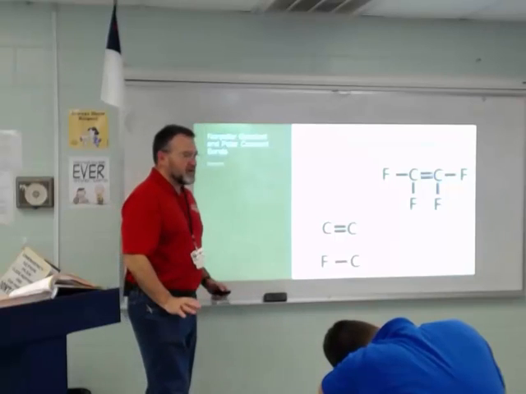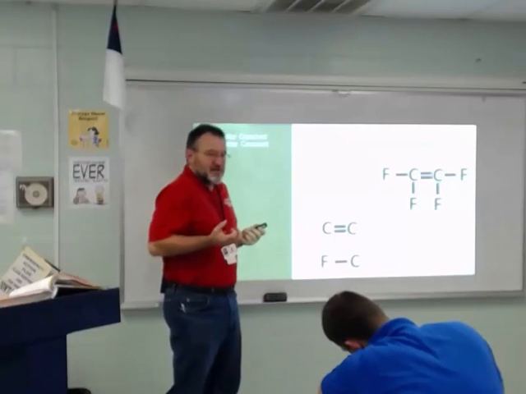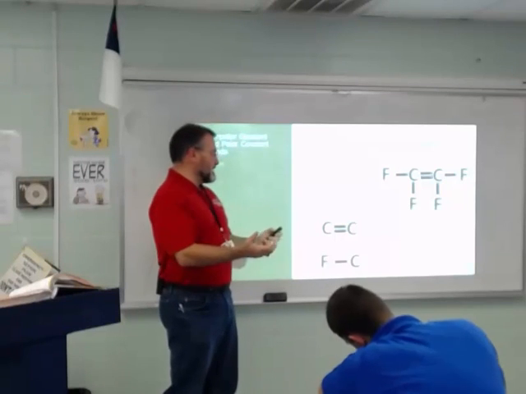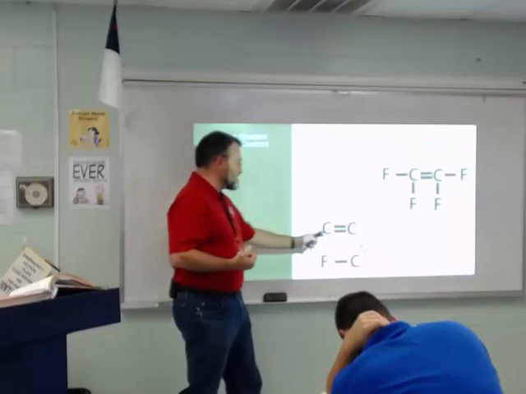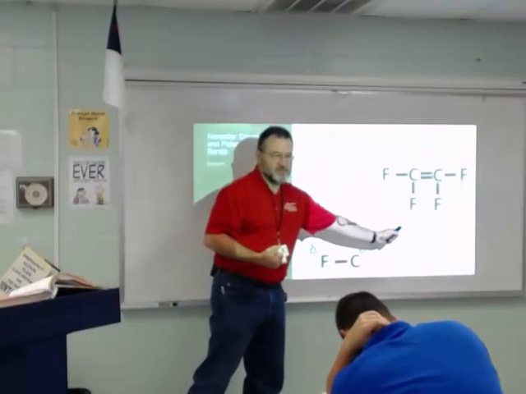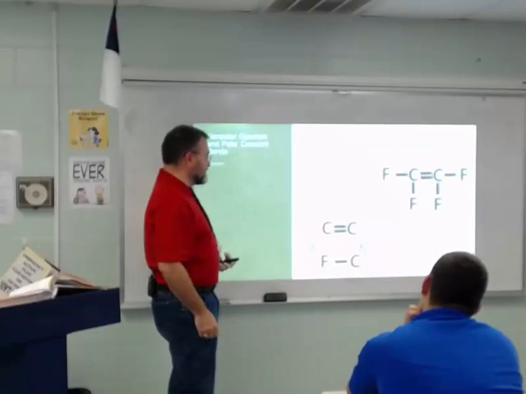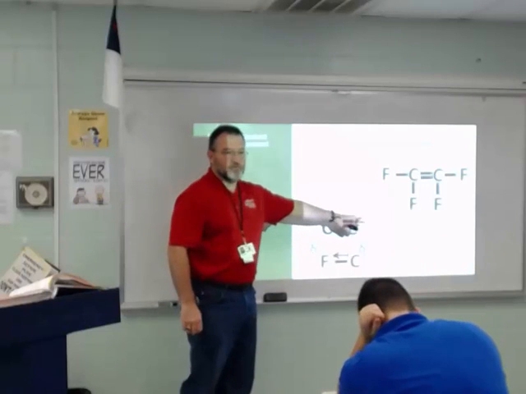So the fluorine, because it has a higher electronegativity, is going to tend to possess the electron more frequently. Because it has it more frequently, it's going to become a partial negative. As it becomes a partial negative, it makes the other side of the bond a partial positive. Okay? Add the symbology or annotate that on the bonds. Nothing gets annotated on the carbon because it's nonpolar.